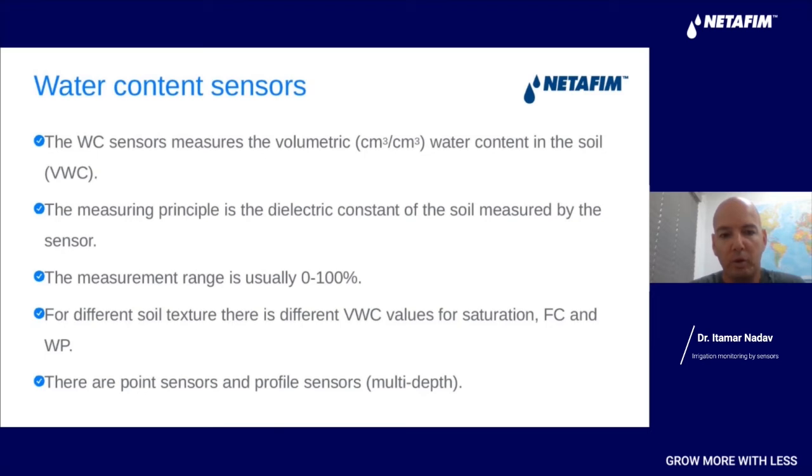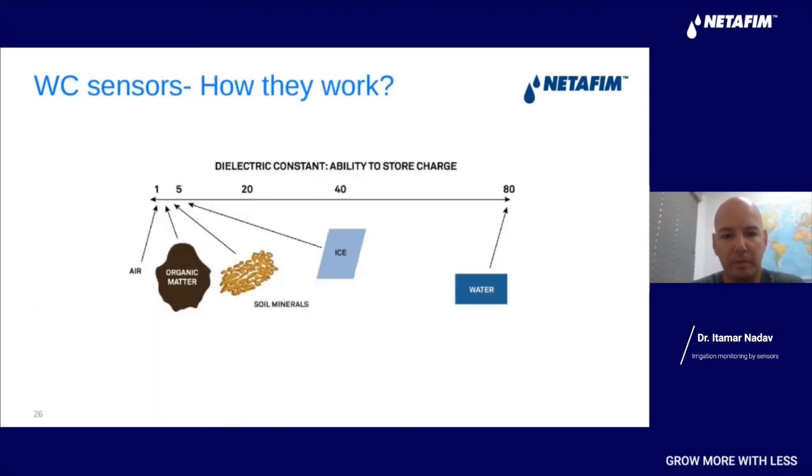And for different soil textures, there are different water contents for saturation, field capacity, and wilting point, as I showed you in the previous table of the different soils. And there are point sensors that measure only one point in the soil, and there are profile sensors or multi-depth sensors, and I'll show you some examples of that.